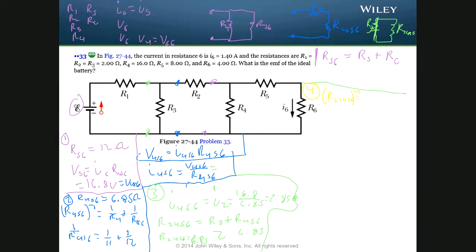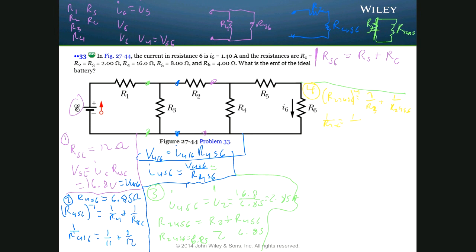It's going to be 1 over R3 plus 1 over R2, 4, 5, 6. And so that will be equal to, I'm just going to do the shorthand, 1 over 2 through 6.